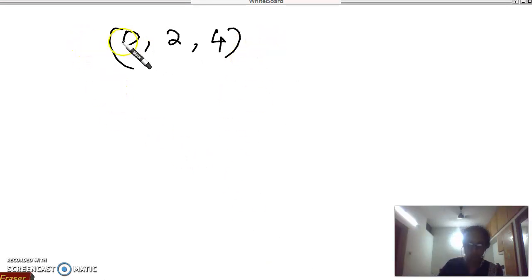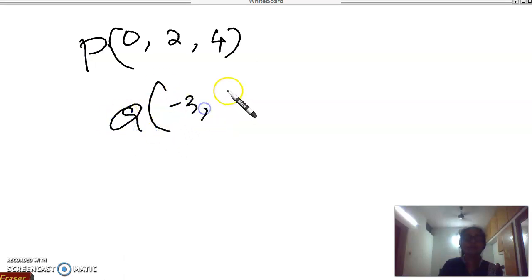You will be asked to find the position vector and the distance vector.